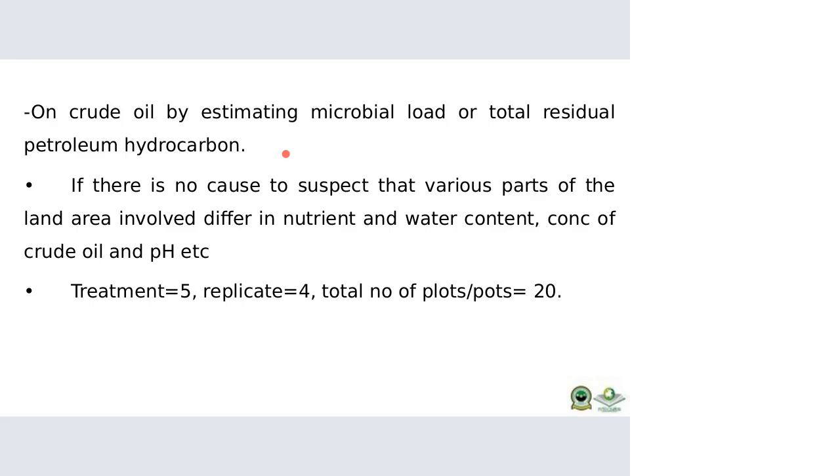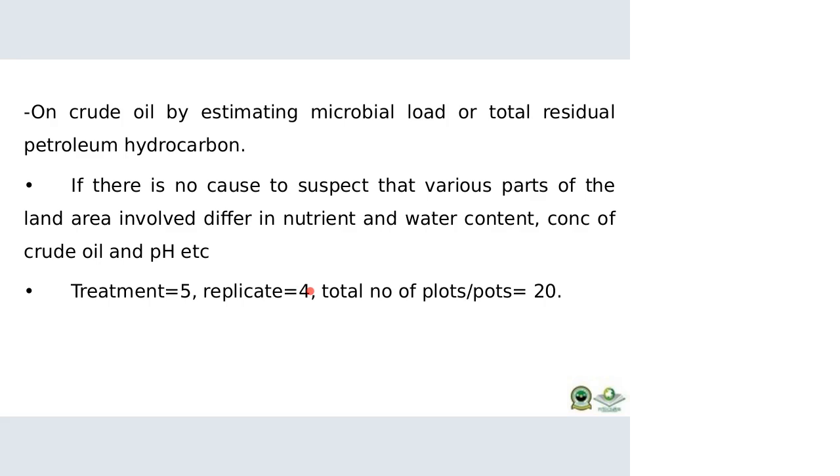If there is no cause to suspect that various parts of the land area involved differ in nutrient and water content, concentration of crude oil, and pH, so we consider the treatment as what? The microorganisms, okay? Now, we normally replicate each of these treatments by having four replicate experimental units.